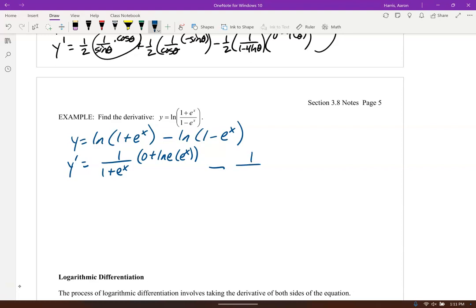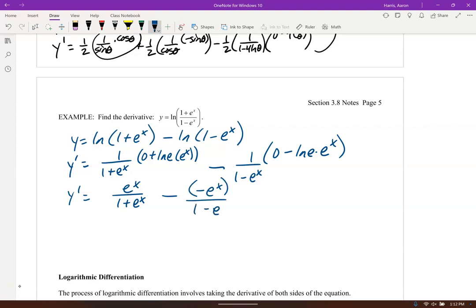So that'd be 1 over that 1 minus e to the x. Take its derivative, 0 minus ln e times e to the x. Well, the ln of e, of course, is 1. So I just got e to the x over 1 plus e to the x minus, and over here I've got a negative e to the x over 1 minus e to the x.